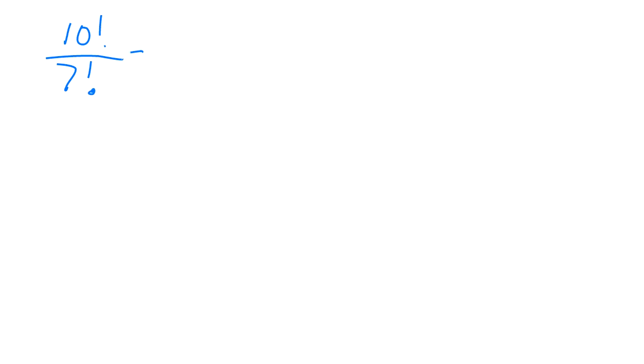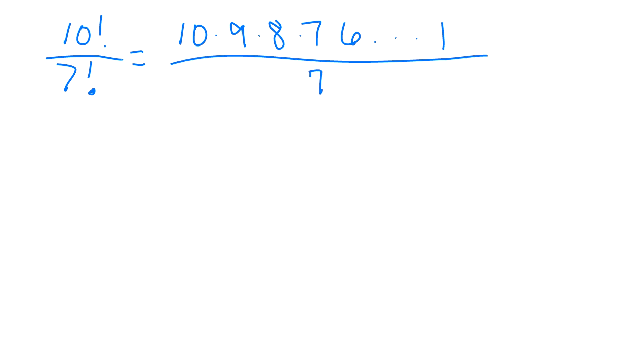Now, what is 10 factorial? Well, that's 10 times 9 times 8 times 7 times 6, all the way down to 1. And you're multiplying all those numbers together. Well, what's the bottom? The bottom is 7 times 6 times 5 times 4, all the way down to 1. So, Carly, I think this is where your question is.